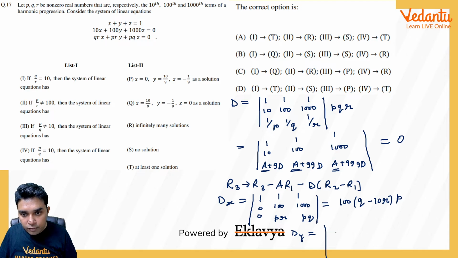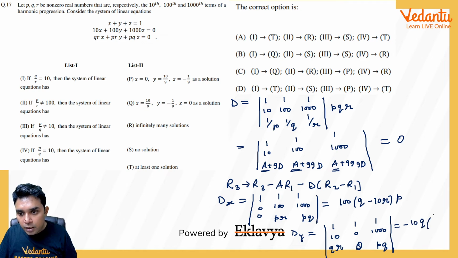If I check for dy, it will be 1 10, and here it will be QR, and here we will get 1 0 0 and 1 1000 and PQ here. Let us expand along the second column, we will get a minus sign, and I can take 10 common, I can take Q common, and it will be P minus 100R.